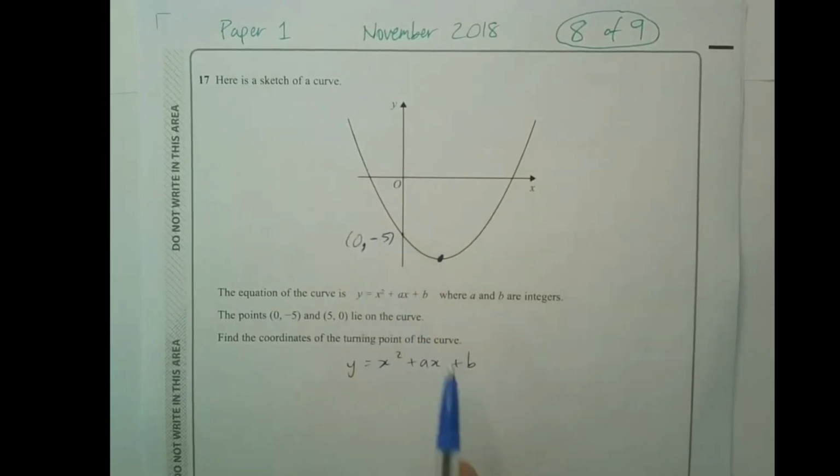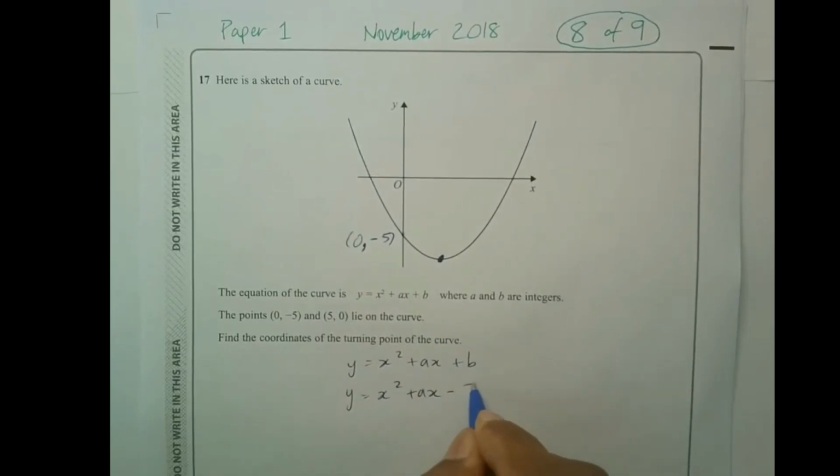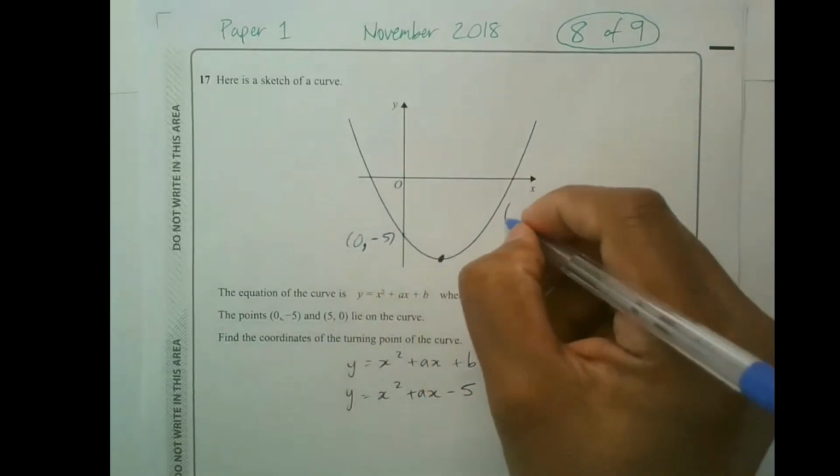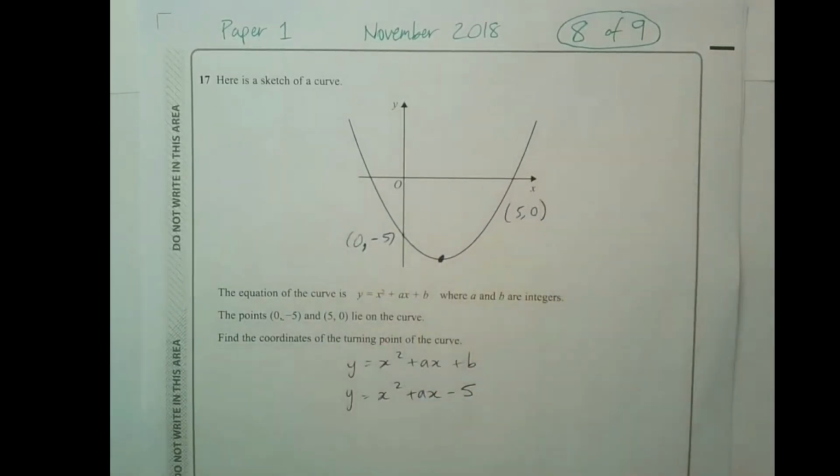So minus 5 is b. So that becomes x squared plus ax minus 5. So that's the first thing I've got. The points 0, minus 5 and 5, 0 lie on the curve. So we've got 5, 0 there.